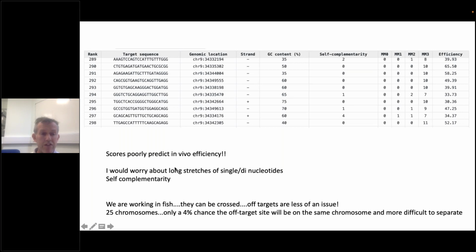I generally worry if there are long stretches of single nucleotides or dinucleotides. So something like this, I worry a little bit about it. But if I have to use this guide, I wouldn't worry about ordering it. They're not that expensive anymore. I am a bit worried about self-complementarity. So for instance, here's a guide that has quite a bit of self-complementarity. I would avoid using that guide if I could.